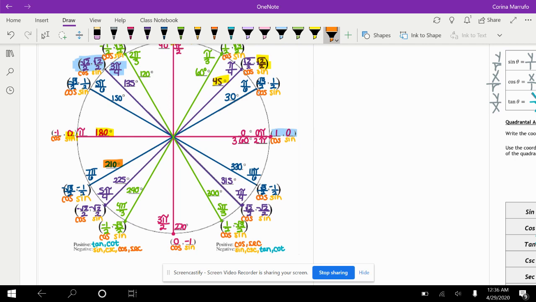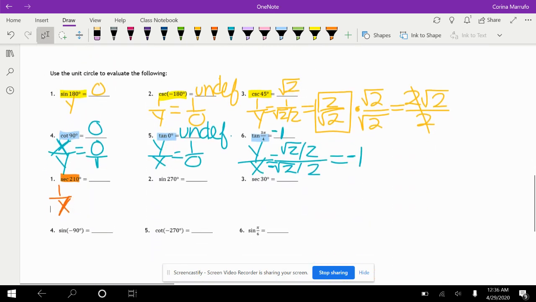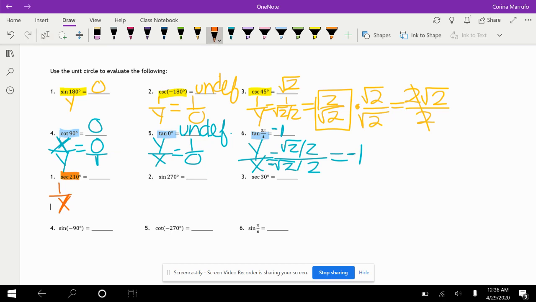At 210, if we look here, cosine is the negative square root of 3 over 2. So here it's going to be equal to 1 over the negative square root of 3 over 2. Sometimes this pen doesn't work. I apologize.